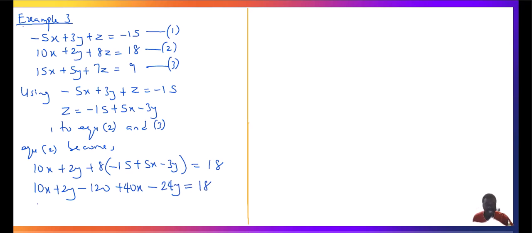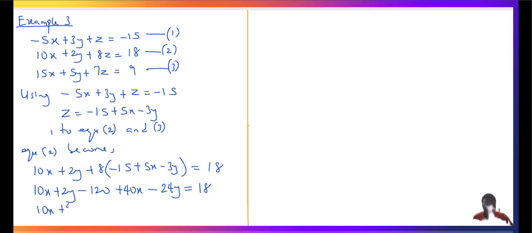Rearrange and collect like terms: 10x + 40x + 2y - 24y = 18 + 120. That makes it 50x - 22y = 138.